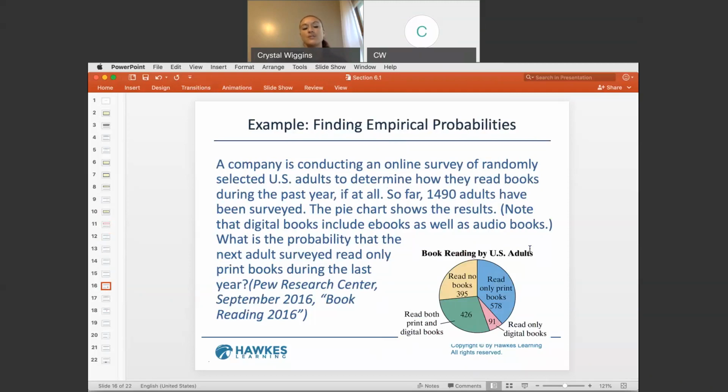We would then go to the results of the survey, and our focus is read only print. So read only print, there were 578 responses that stated they only read print books.